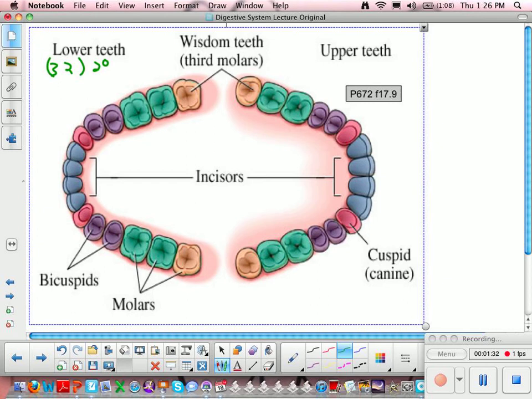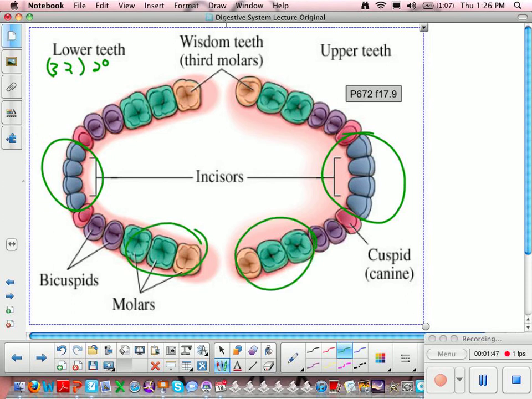In general, teeth towards the front of the mouth, those incisors, are used to tear off large pieces of whatever we're eating, and then the molars in the back and sides of the mouth are used to crush those pieces into smaller pieces.